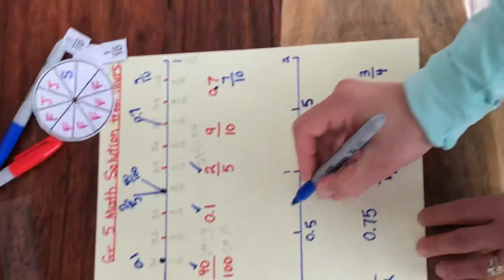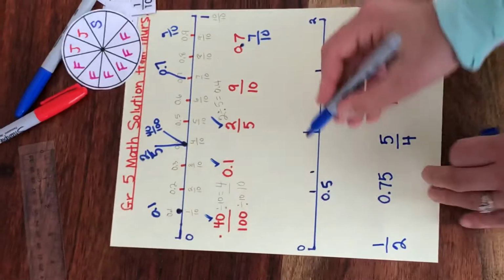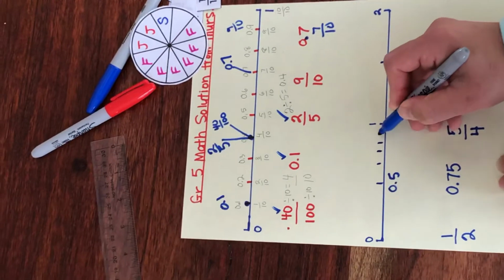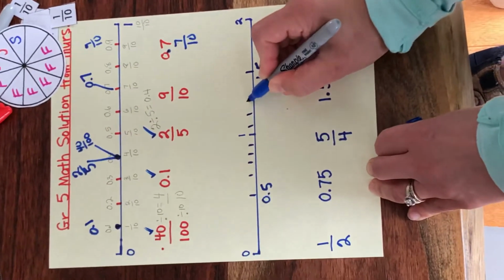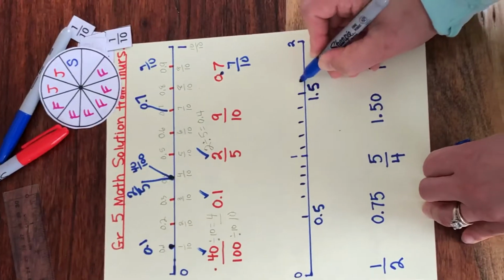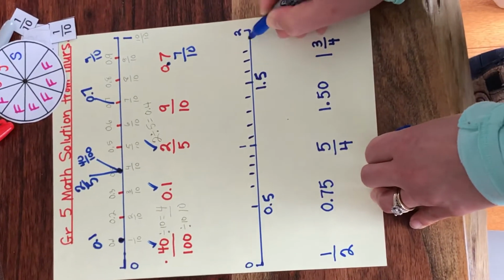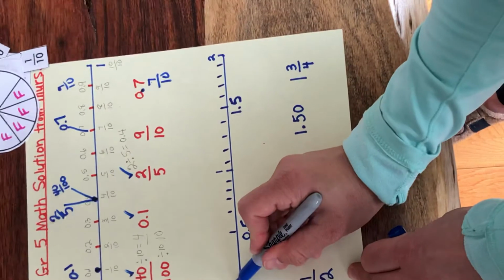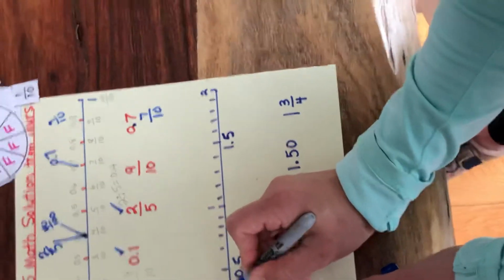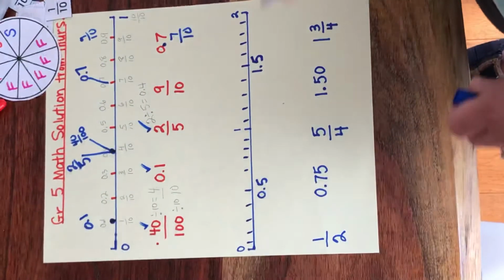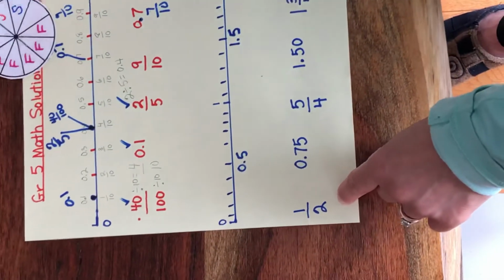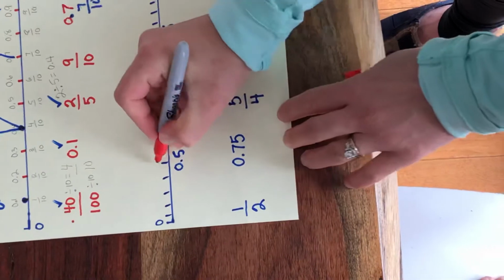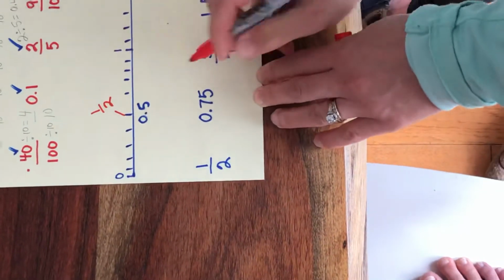And then I could figure out this is 0.6, 0.7, 0.8, 0.9, 1.1, 1.2, 1.3, 1.4, 1.5, 1.6, 1.7, 1.8, 1.9, and so on. And this would be 0.1, 0.2, 0.3, 0.4. So you could fill out your number line this way. So 1/2 is going to be right there, okay?